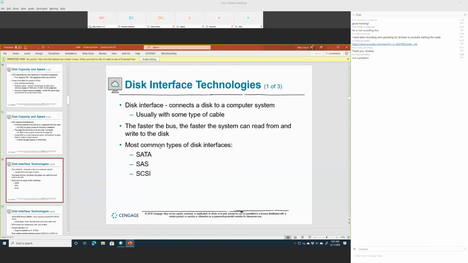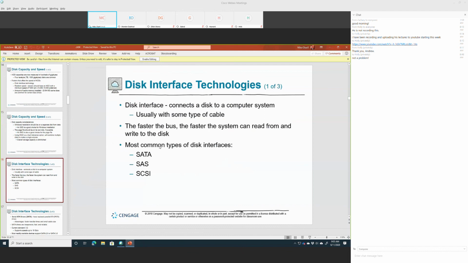The common types of disk interface are SATA, and this is common in your own machine. If you bought your computer a couple of years ago or now, it's a modern one, it's SATA.